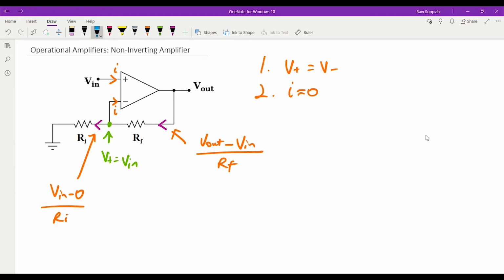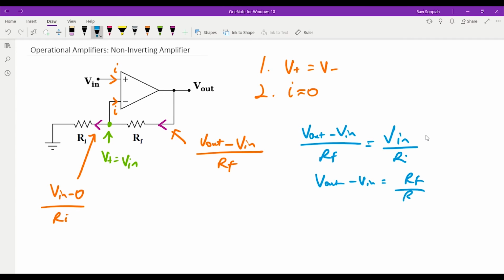These are basically applications of Ohm's law. Putting both these equations together, since they are the same current, you can say V out minus V in over RF is equal to V in over RI. So V out minus V in equals RF over RI multiplied by V in.